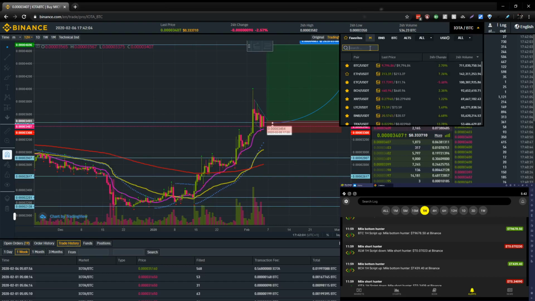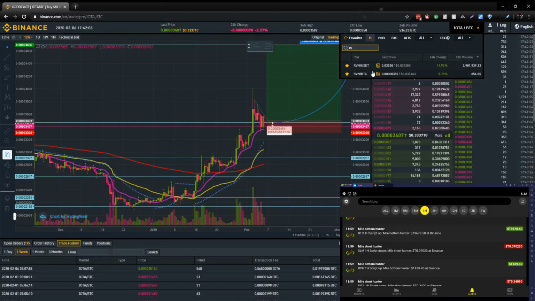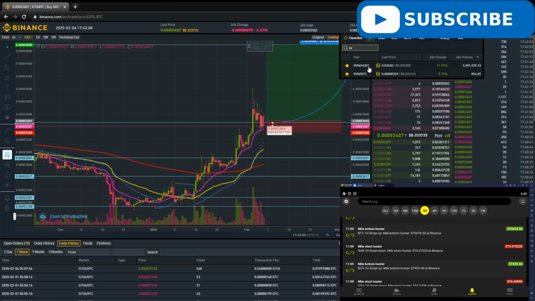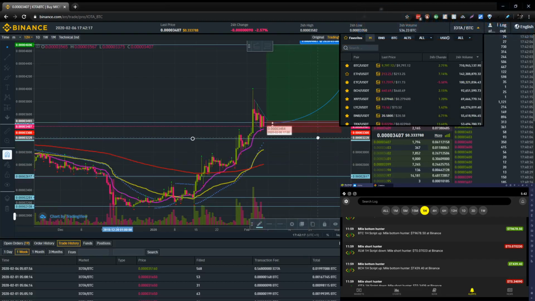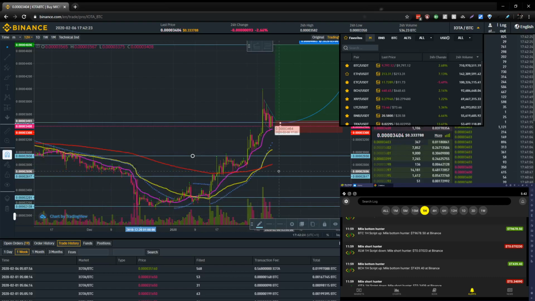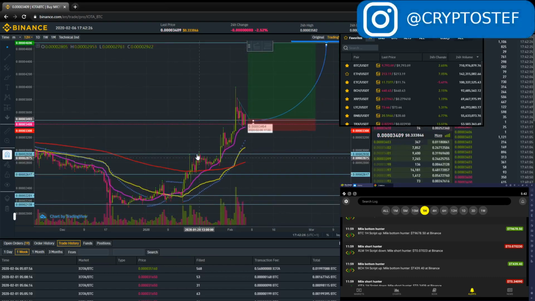And let's see what Raven coin has done. Raven currently is on a tear. Raven USD also on a tear. And my current strategy is just the fractal strategy. And what are fractals? You can Google and research.